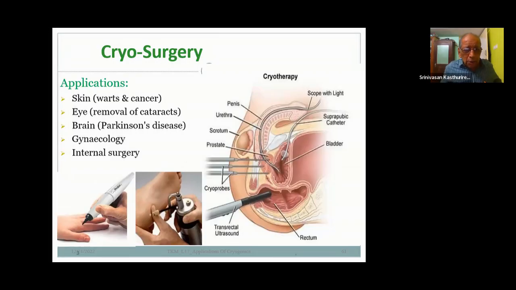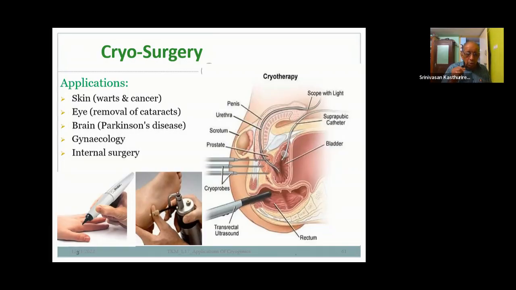Cryosurgery can also be done in other parts of the body like skin, warts and cancer, and the eye. You can use cryosurgery for removal of cataracts. Brain, Parkinson's disease can also be treated using cryosurgery. Gynecology people use cryosurgery. Internal injury also can be treated using cryosurgery.